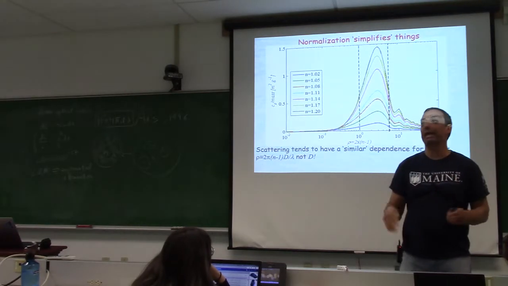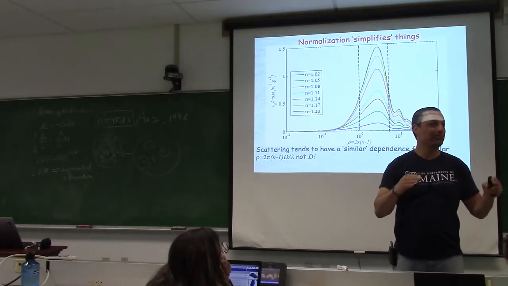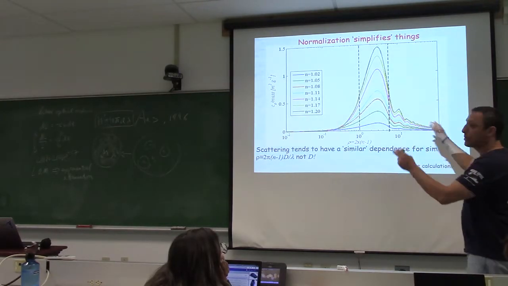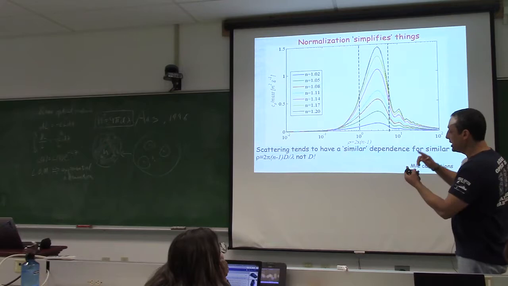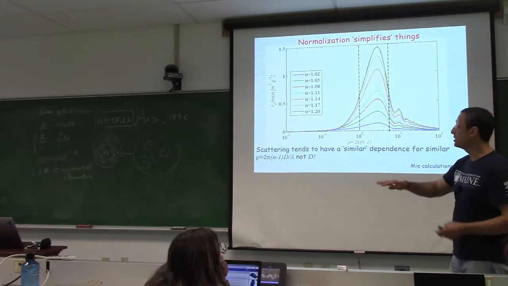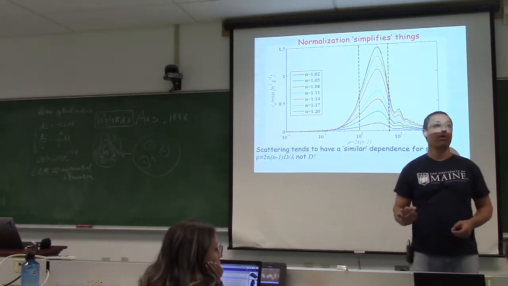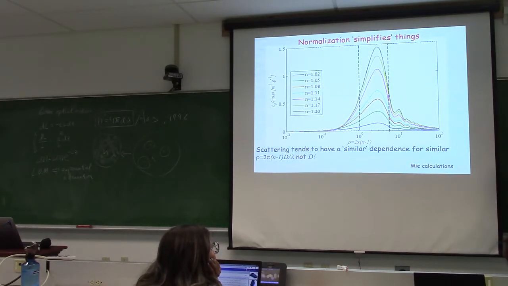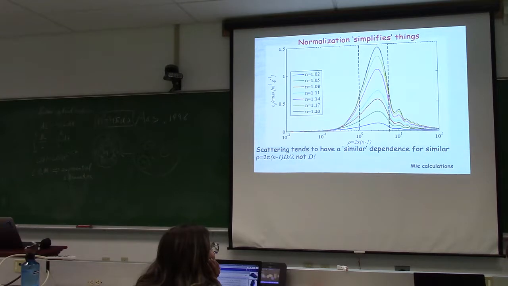Now, most people hate it, but engineers and physicists love it because it allows you to have all the complexity that's associated with change in size, change in index of refraction on one plot. So this plot has as an axis this phase shift parameter, (n minus 1) times 2x, which is pi d over lambda.